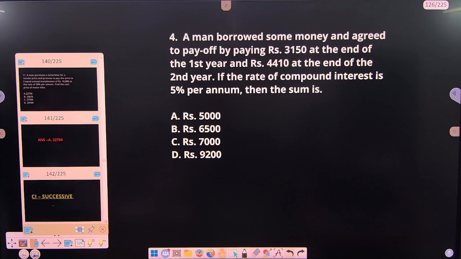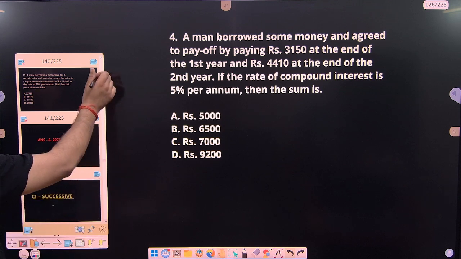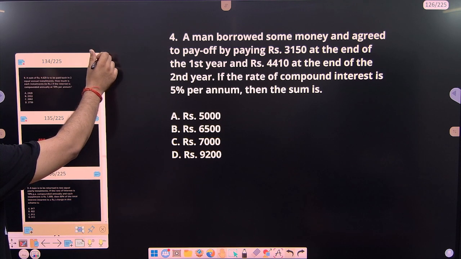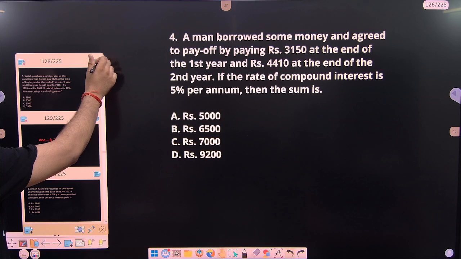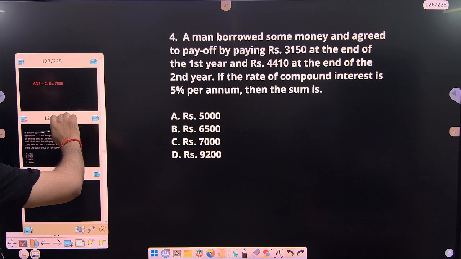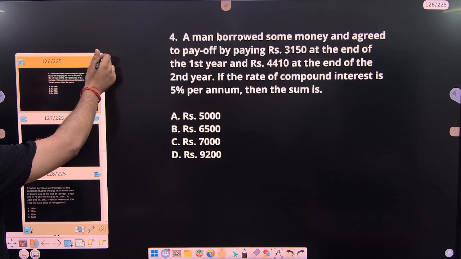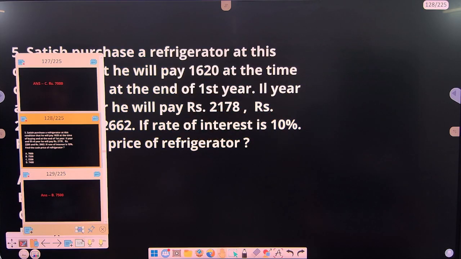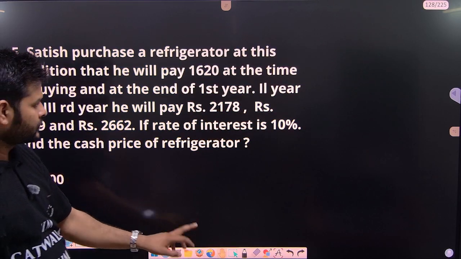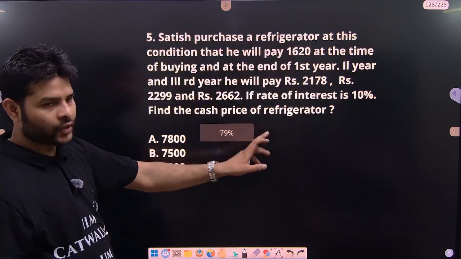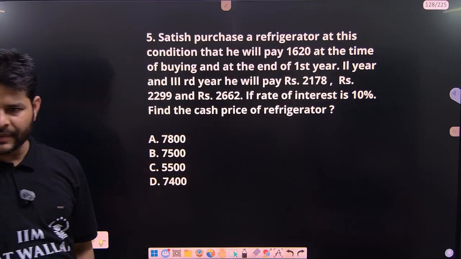Basically there are no types. Question number 5 you need to hit by yourself, guys. I myself will get all the questions discussed. Do this one. There is no type basically. Total 11 questions are given.